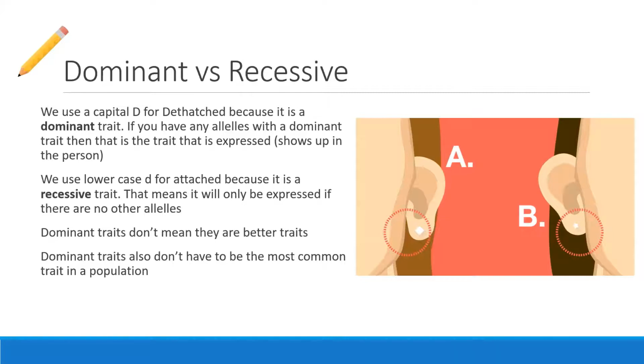Just because you've got recessive traits doesn't necessarily mean that you're weaker or inferior. Dominant or recessive traits just mean that it just so happens this gene usually takes over. I would never look at someone who's blonde and say, well, obviously you've got blonde hair, so that's just a weaker hair color. It just so happens that blonde is a recessive trait, so it makes it a rarer hair color.